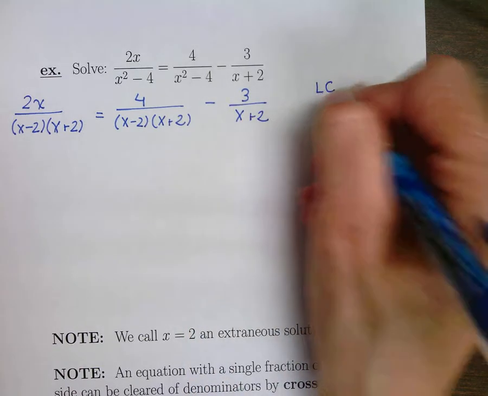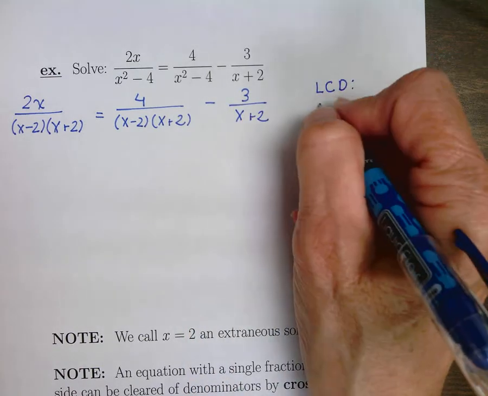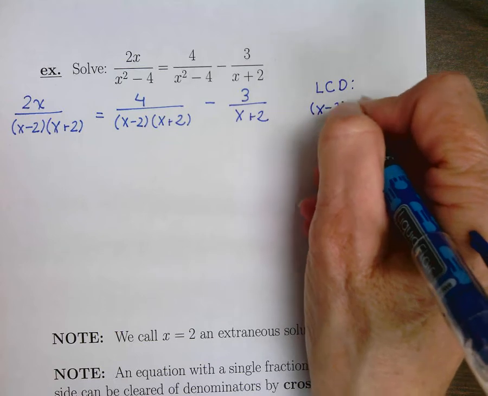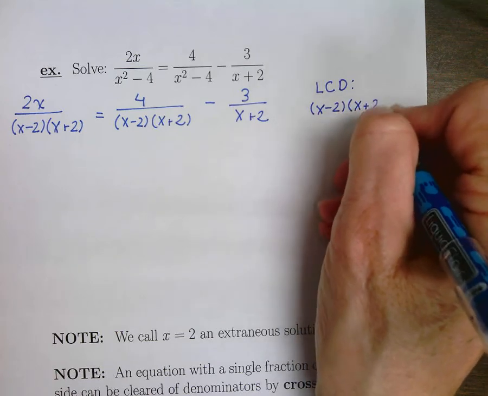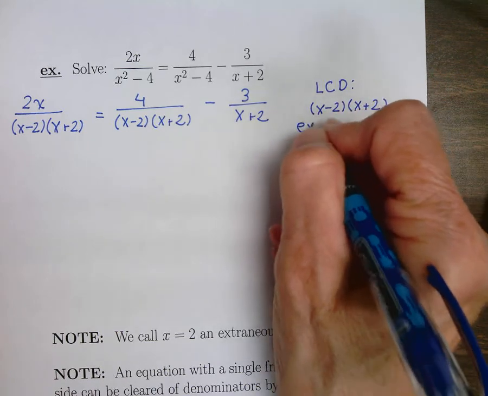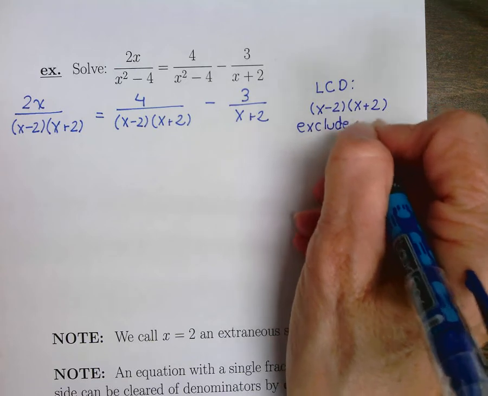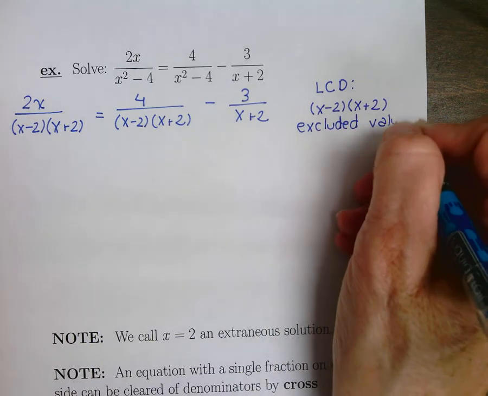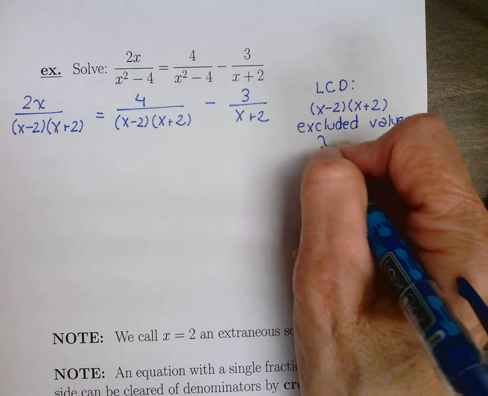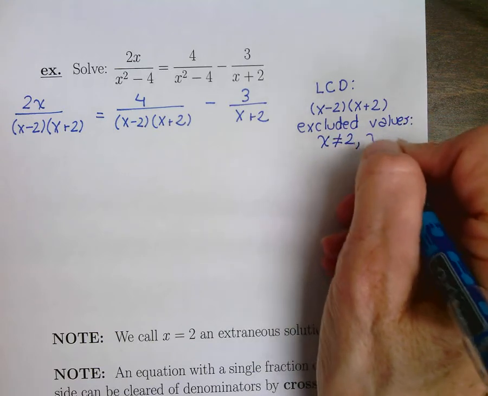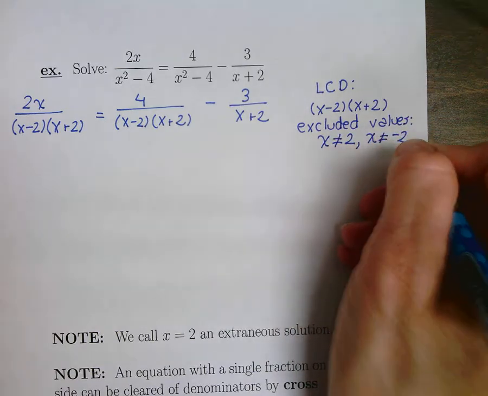And the least common denominator of all of those is the product. And our excluded values: x can't be 2, and x can't be -2.